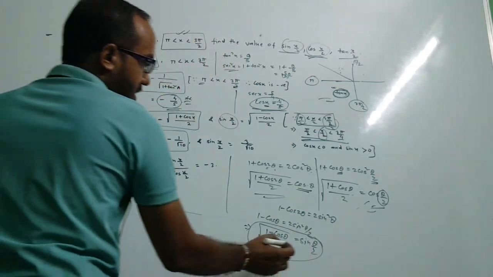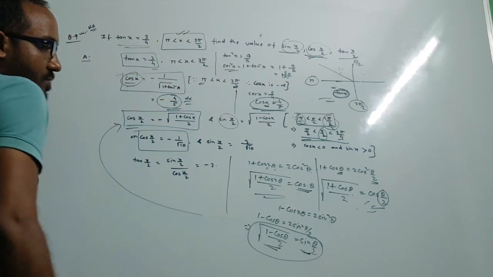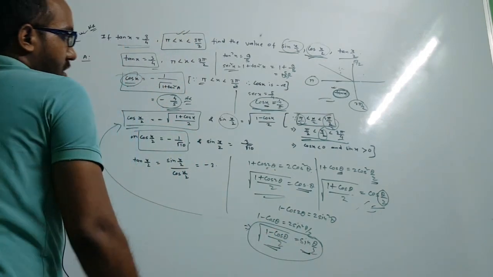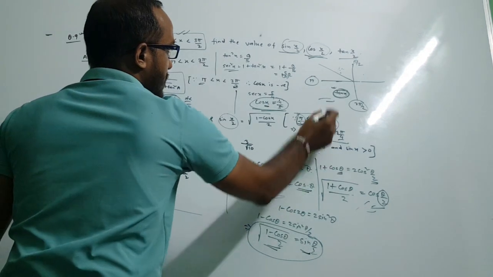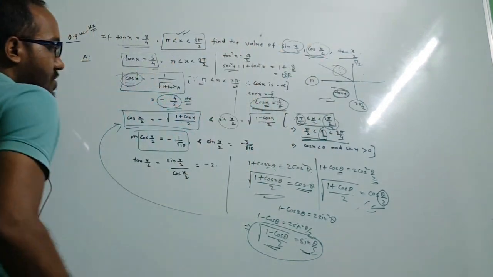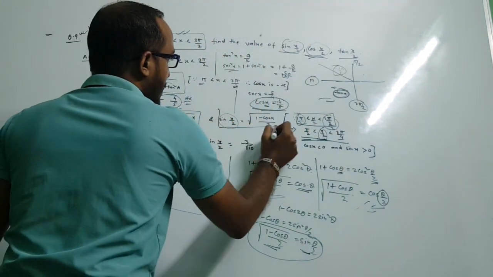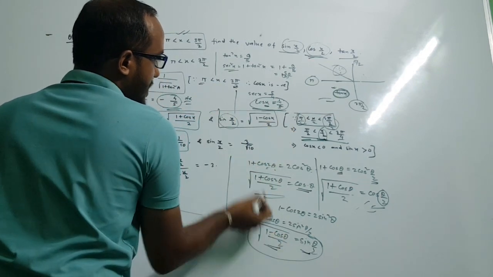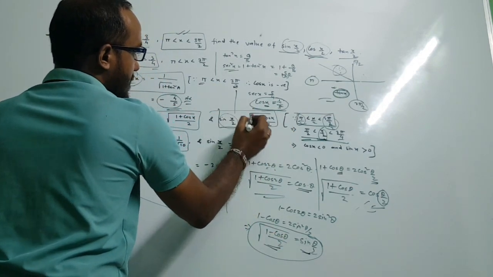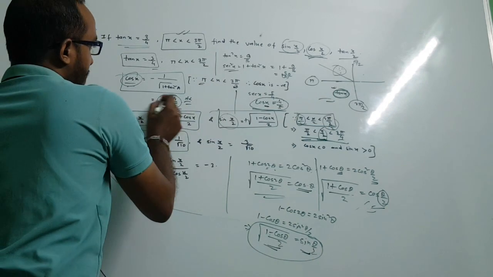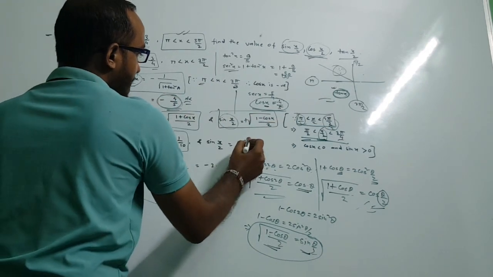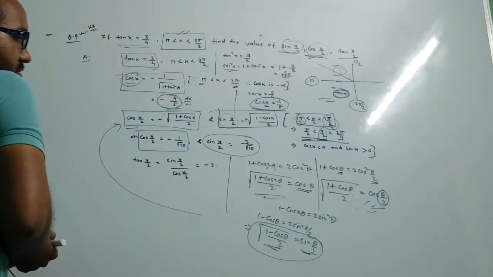So in order to find sin x by 2, we can use this formula, 1 minus cos x by 2. And sin is positive in the second quadrant, so we will use the positive formula, that is square root of 1 minus cos x by 2. Put the value of cos x, calculate, you will get 3 by root 10.